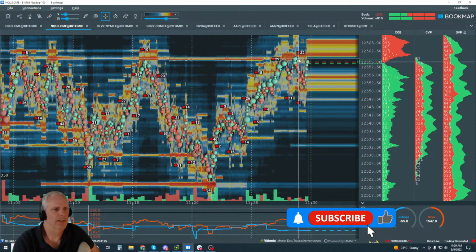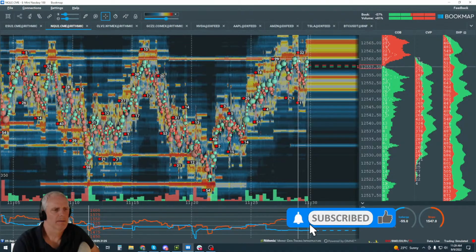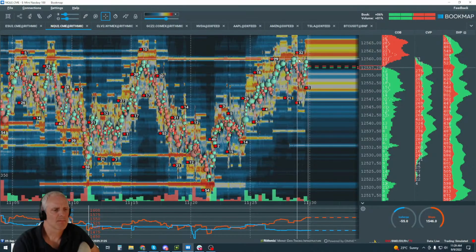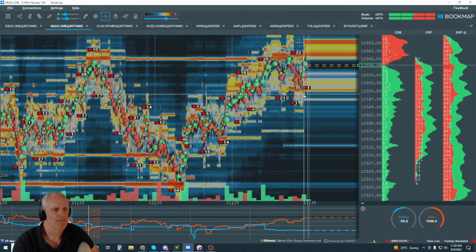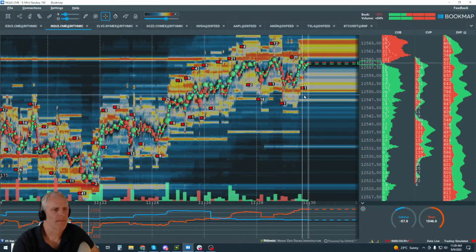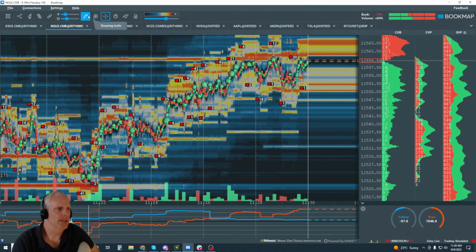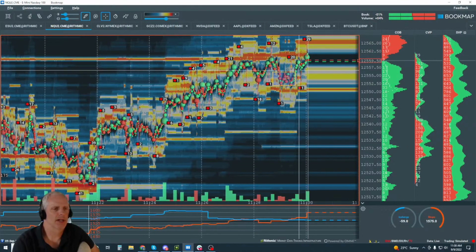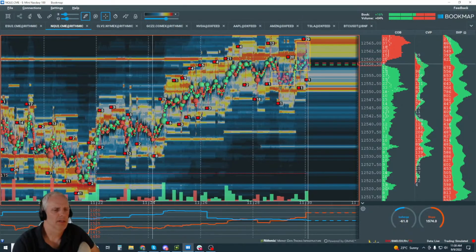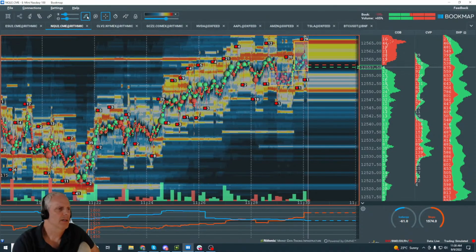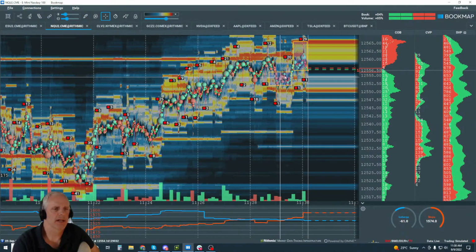Let's see if we get our big stop run up here. Again, this is another thing to look for. This is fuel here for the stop run up to here. You can already see it unfolding there. There has to be someone in here that's got it wrong.